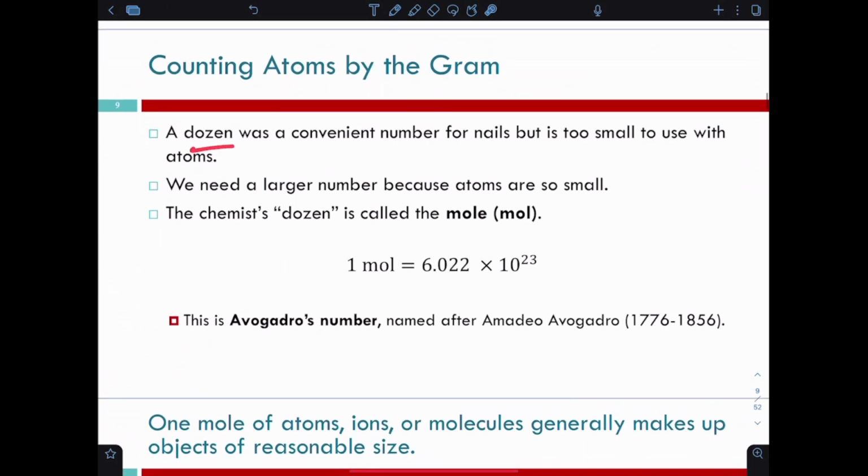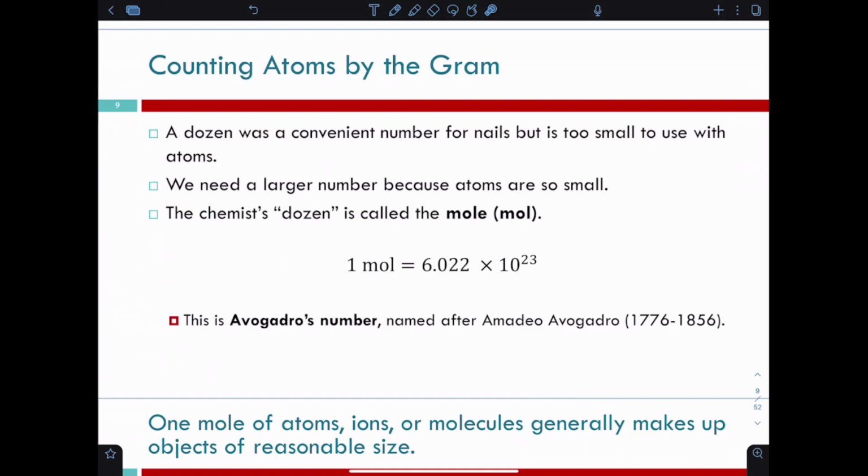So for nails, it's convenient to use a dozen. Dozen is 12. It's easy to count in 12s for nails. Convenient unit. But it's too small of a number to use for atoms or molecules.